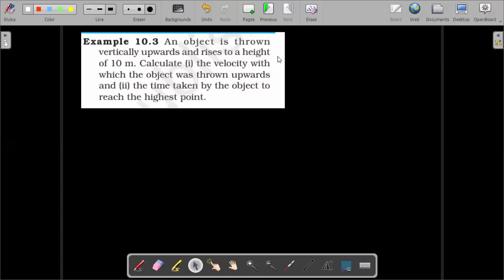Calculate the velocity with which the object was thrown upwards and the time taken by the object to reach the highest point. Okay. So which type of motion are they talking of? Are they talking of upward motion or downward motion? Upward motion. Yeah, so this is the upward motion. We consider here the ball is moving upward.